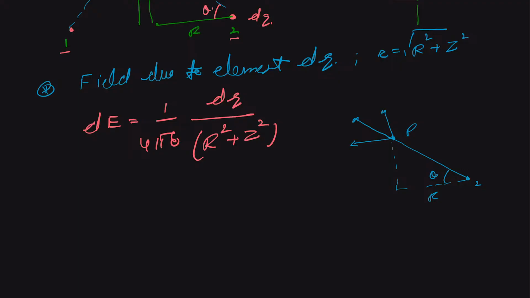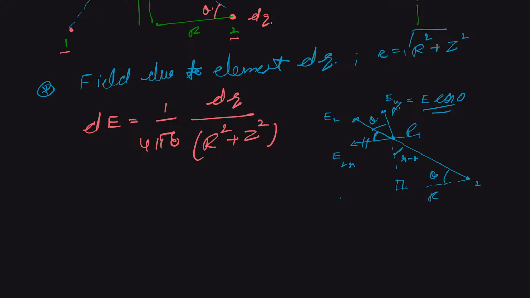This will be our electric field E2, so this will be E2x and this will be E2y. This is our 90 degrees, so we can easily find the angle: this will be 90 minus theta, and this will also be 90 minus theta, so this will be equal to theta. So Ey we can write as the electric field times cos of theta, because this x component will be balanced by the x component of the other part.